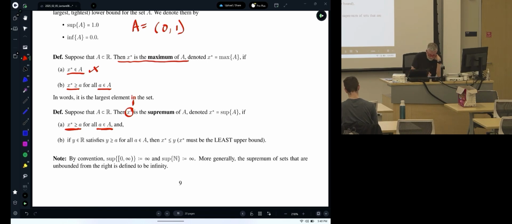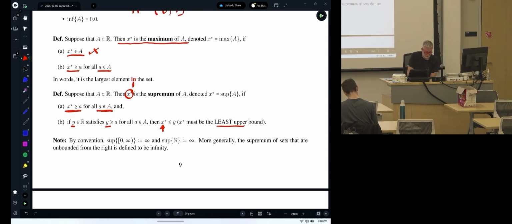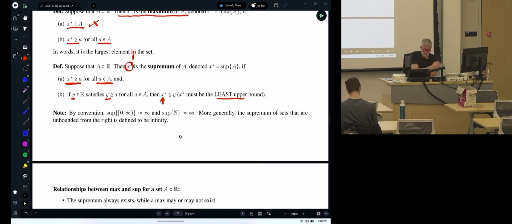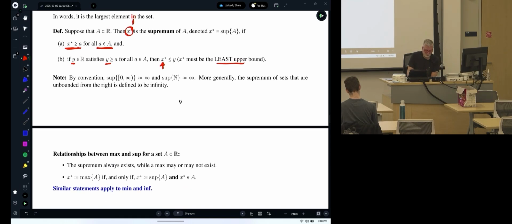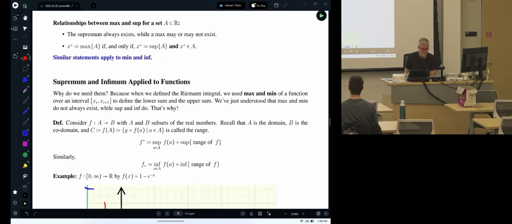But if you find another upper bound, the supremum is the smallest of all of them. So it's the tightest or least upper bound. And then by convention, if you have a set that's unbounded, you just set its supremum equal to infinity. And if it's unbounded in the other direction, its infimum would be minus infinity.